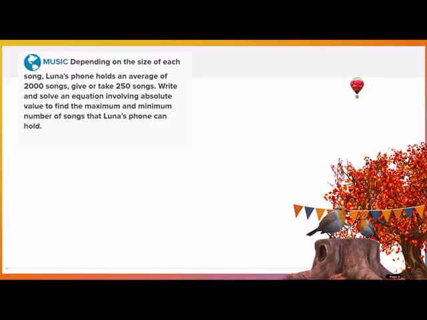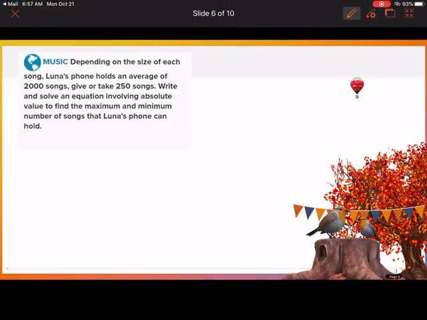So when they say to write an absolute value equation, that usually means we're going to have x minus something, and that's going to equal something, so that's going to be in the absolute value. So it says holds an average of 2,000 songs. So the absolute value of x minus 2,000 equals 250.